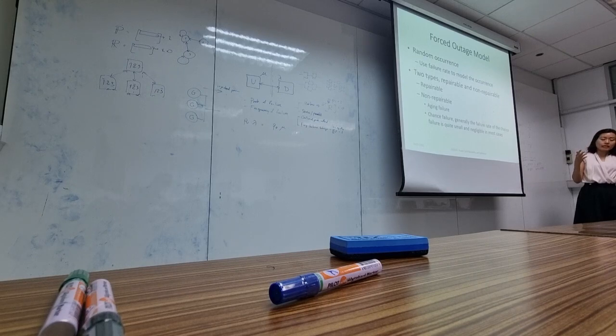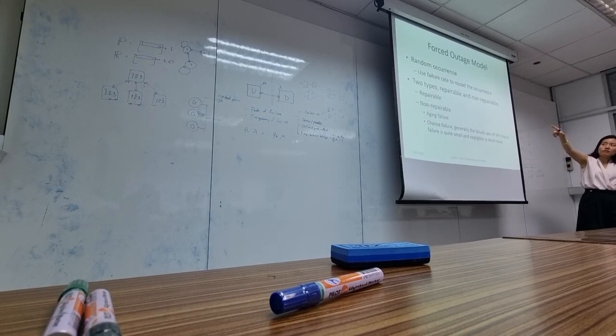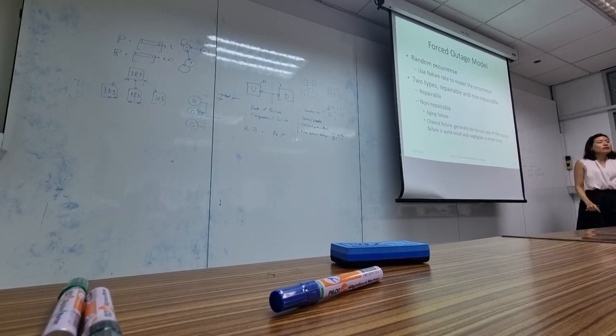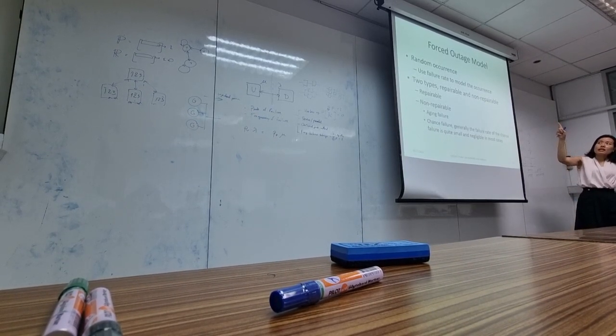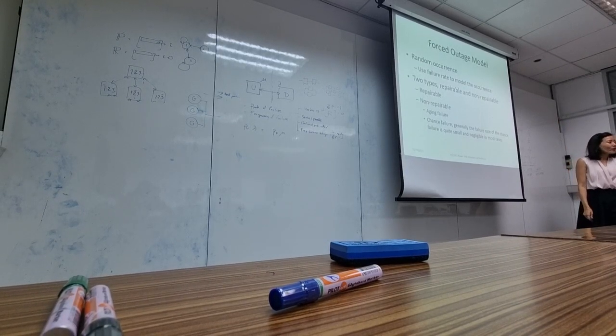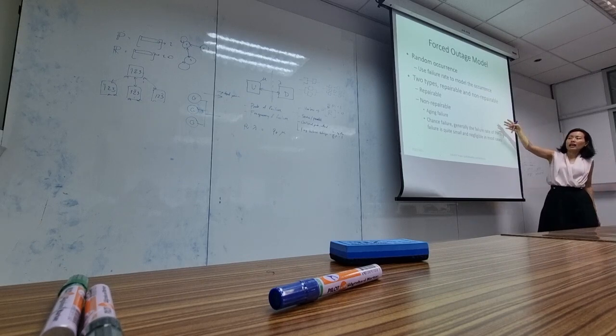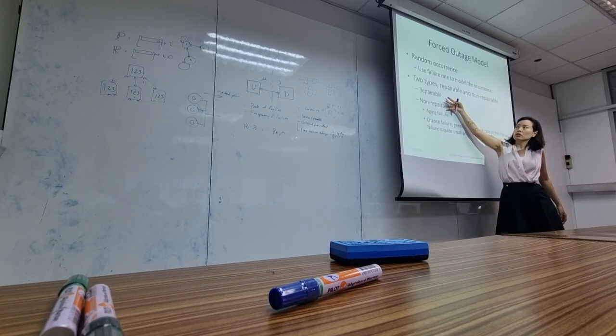It can also happen that you might have some random failure. If it's a random occurrence, you can use some kind of failure rate to model it. But actually, the random failure for the generator is quite small, quite rare. Mostly, the model for the generator will be of these two types.